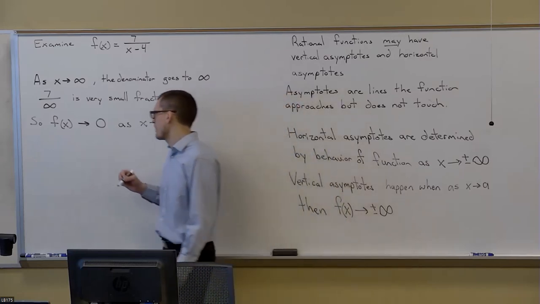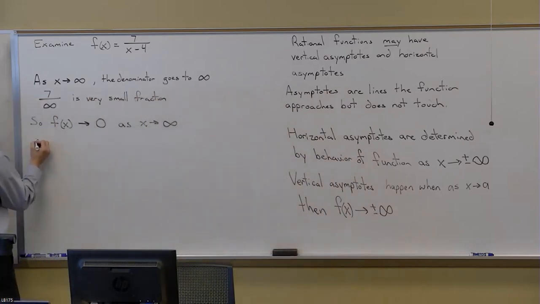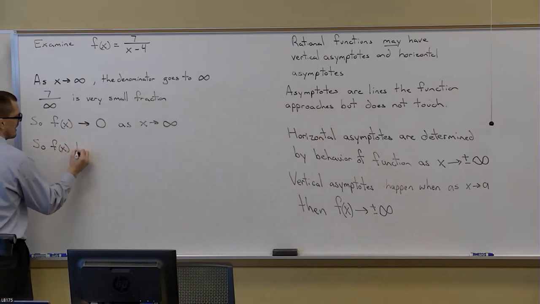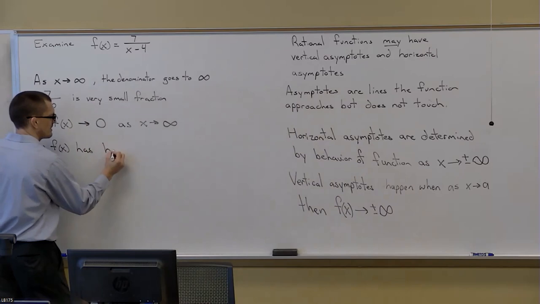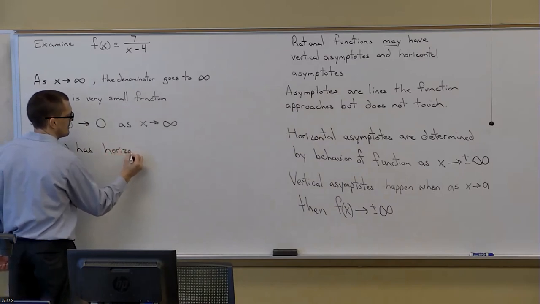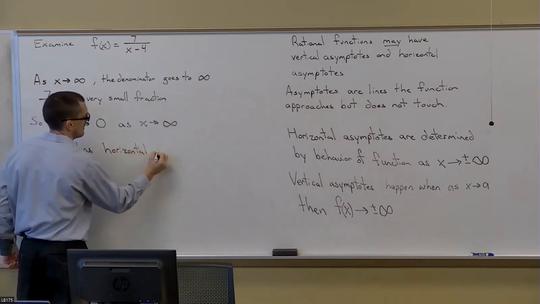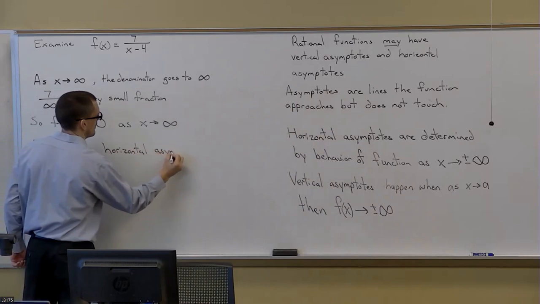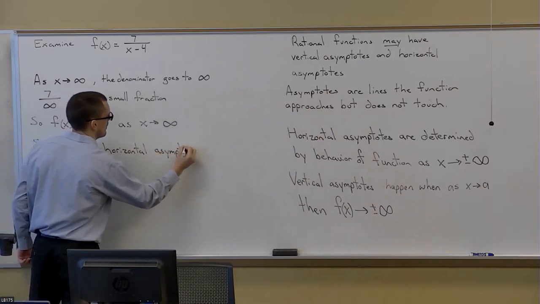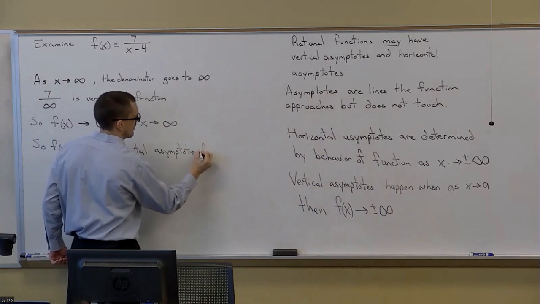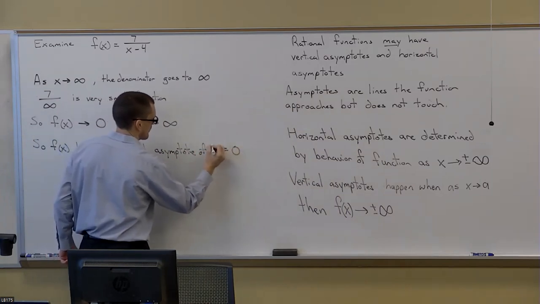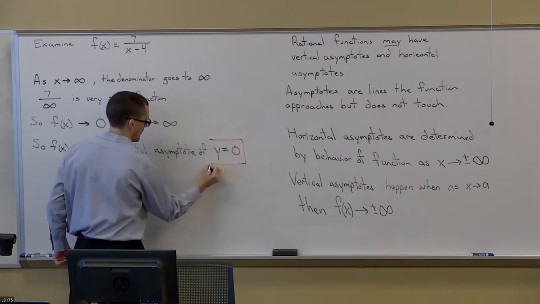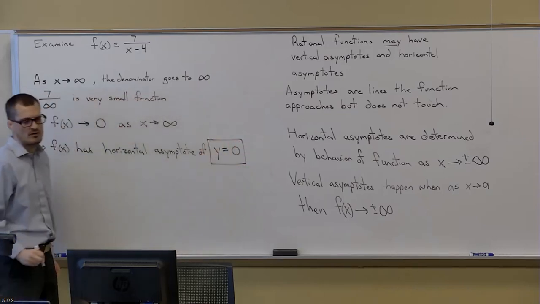All right. So f of x has horizontal asymptote of y equals 0. Okay.